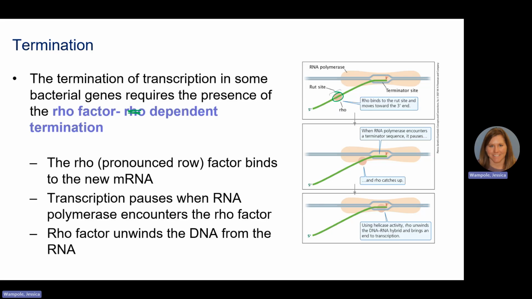And basically what it does is sort of jams up the system. So RNA polymerase can't continue working because that rho factor has bound and blocks RNA polymerase from continuing.